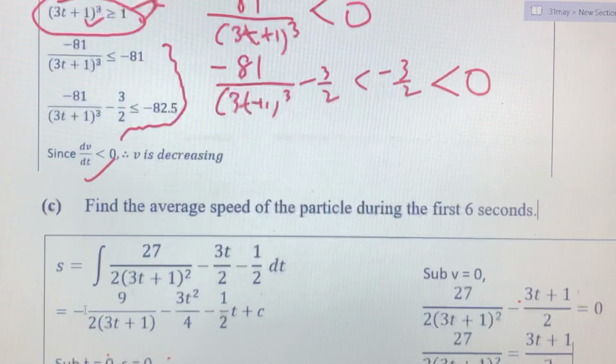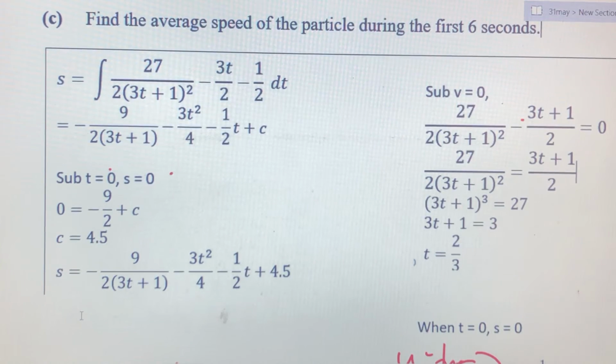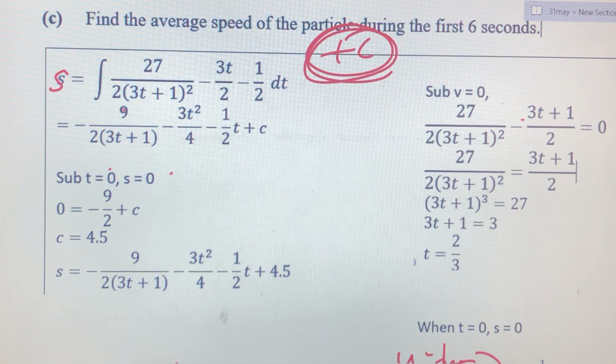Now the next part is the average speed. As I mentioned, you need to find the displacement formula first. So you integrate this. Remember, you must plus c. This is your ax to the power of n.